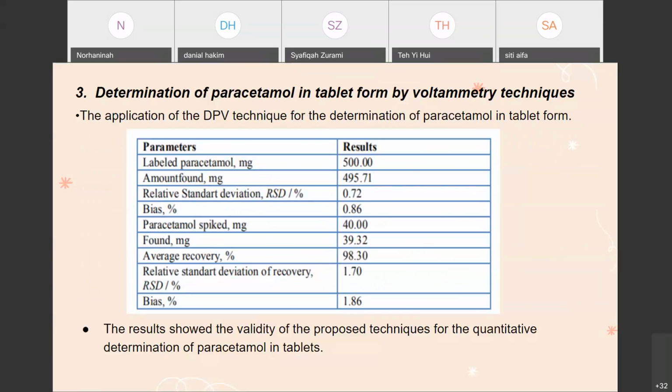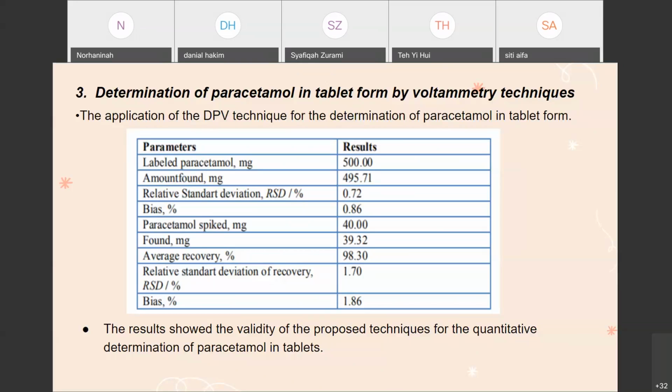For the last part, which is determination of paracetamol in tablet form by voltammetry techniques. So this is the result where in the labeled paracetamol, 500 milligram of paracetamol is on the label, and the amount found is 495.71 milligram.